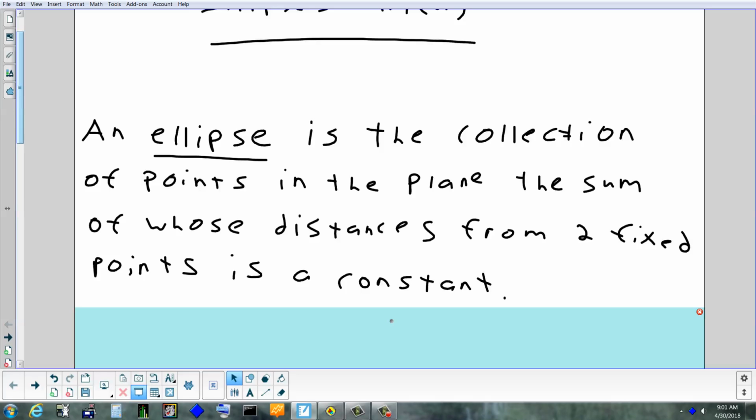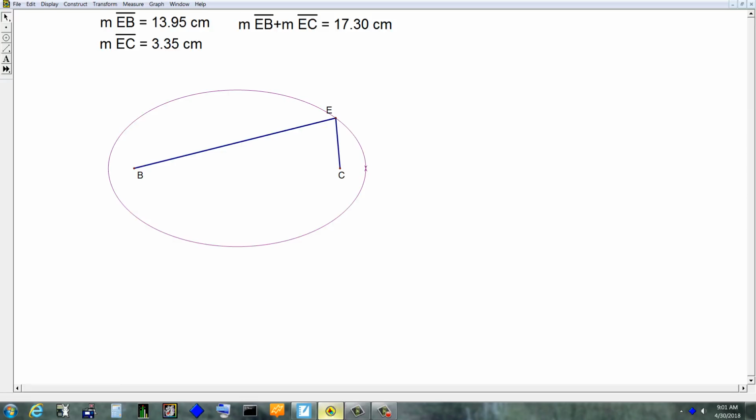Okay, so what we'll do next, we'll just look at a picture. I'll show you what the two fixed points are, and then we'll look at finding the sum of the distances. Okay, so here's an ellipse. The two fixed points are B and C. Point E is a point that I can drag around the perimeter of the ellipse. And as I drag it, the calculation for segment EB is going to change. And the calculation for segment EC is going to change. Okay?